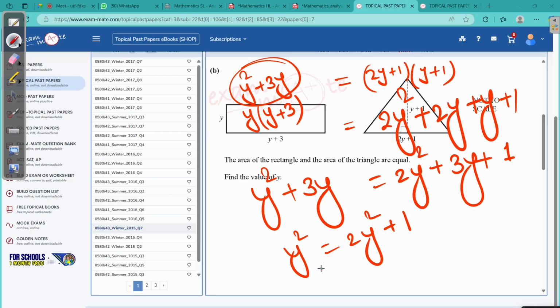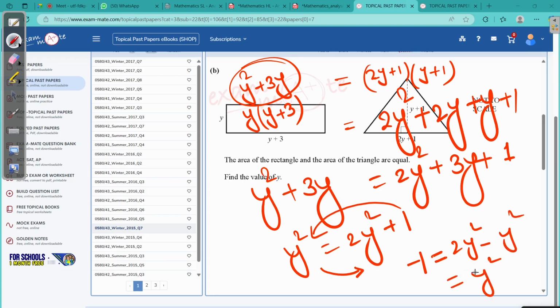See, if you set this y squared to the right hand side and this one to the other side, you are getting minus 1 is equal to 2y squared minus y squared. So you will get y squared is equal to minus 1.